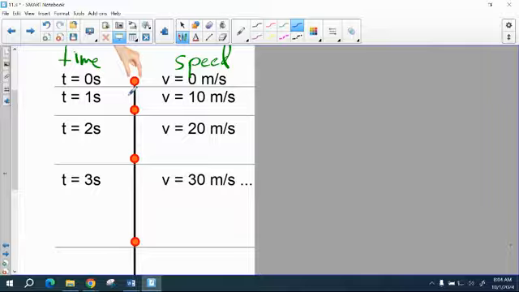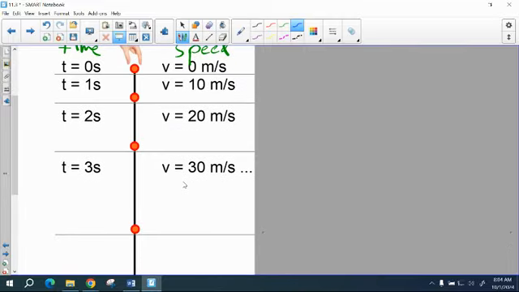Notice that the ball is moving faster and faster. So to go from here to here in 1 second, it only travels this far, about 10 meters. And from the first second to the second second, it travels 20 meters because it's only 1 second that passes between second 1 and second 2, right? And then on the third second, it travels 30 meters. So the distance now, because it's moving faster, it travels farther.